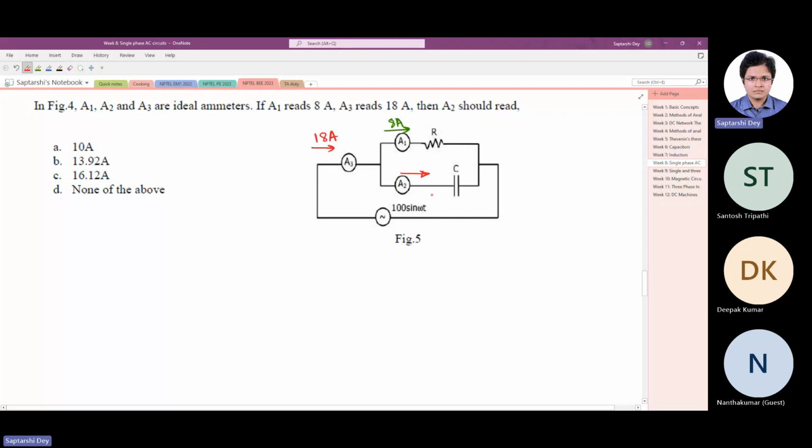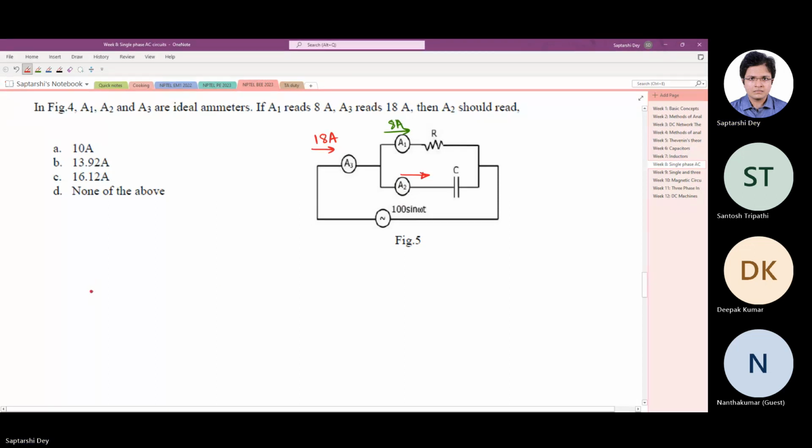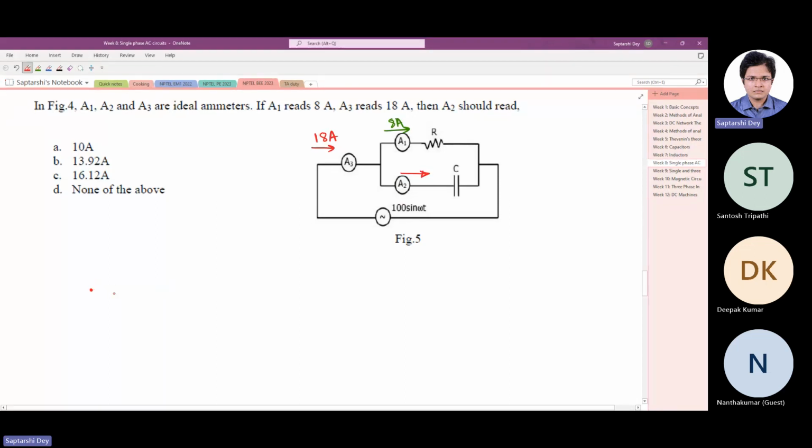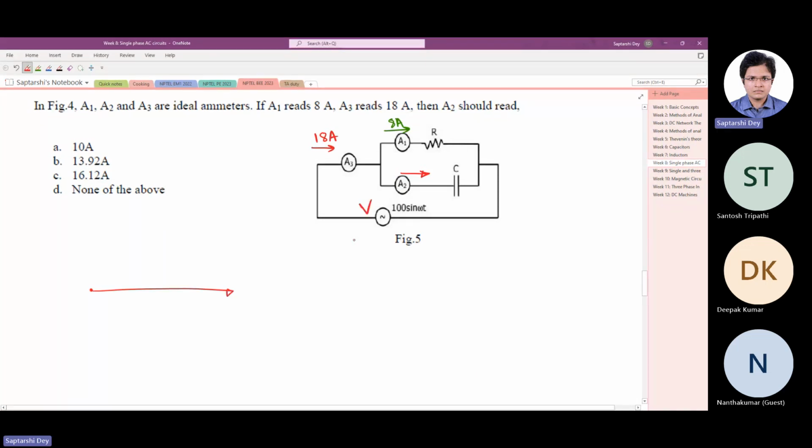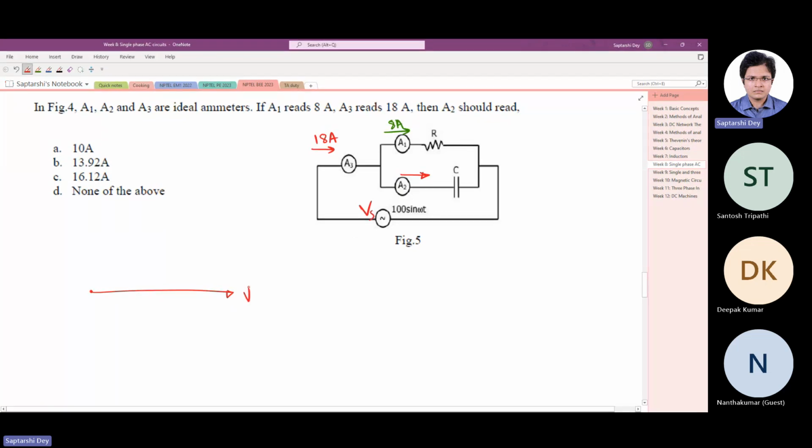So for that, we have to draw the phasor diagram. It's a parallel circuit, so we have to take the voltage phasor as the reference because all the components are getting the same voltage across them. Now I will take the voltage as the reference. This is the voltage Vs. Vs is the reference.